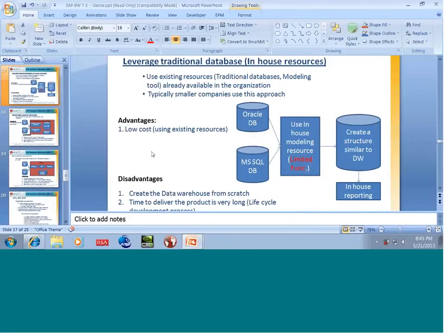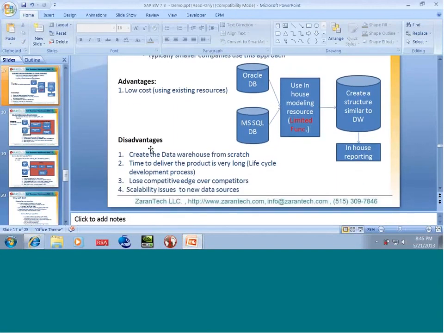But if you look at the other side of the coin, there are significant disadvantages to going with this option. The biggest and foremost thing is, if the company is not going with a data warehousing tool and is creating its own data warehouse, it has to create it from scratch.